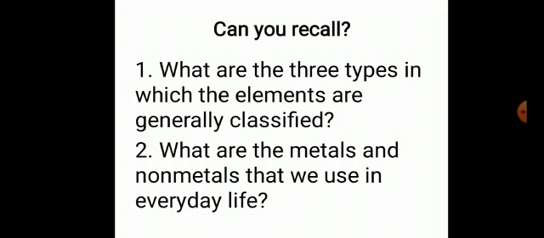Question number 2. What are the metals and non-metals that we use in everyday life? We use metals like aluminium, copper, iron, steel, etc. in our day-to-day life. And we are using non-metals like oxygen, nitrogen, chlorine, iodine, etc. Oxygen is used for respiration.